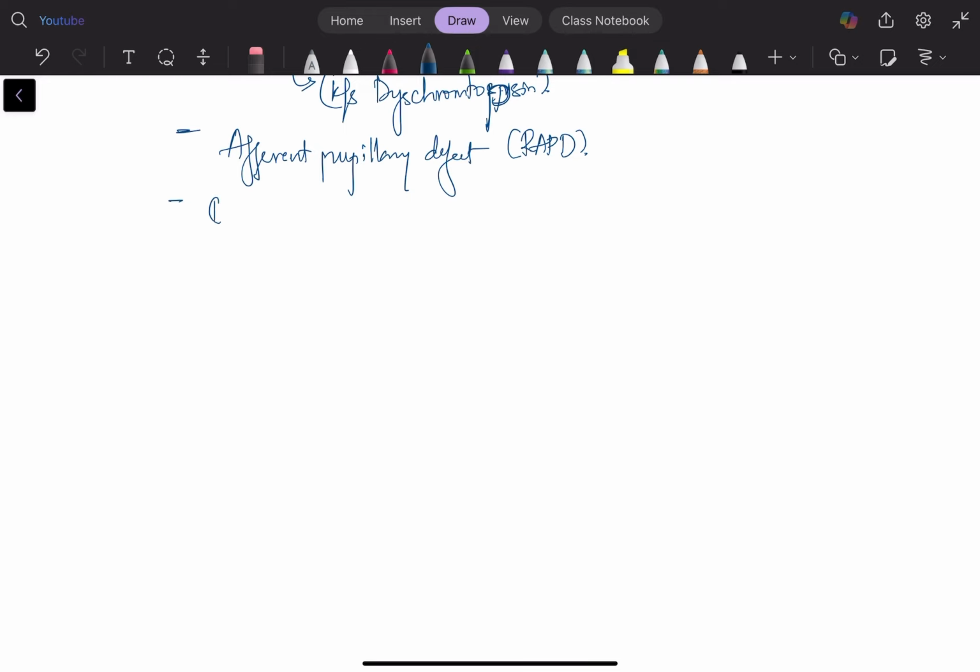Then what do we have? Pulfrich phenomenon. This is the sense of depth perception of a moving object.